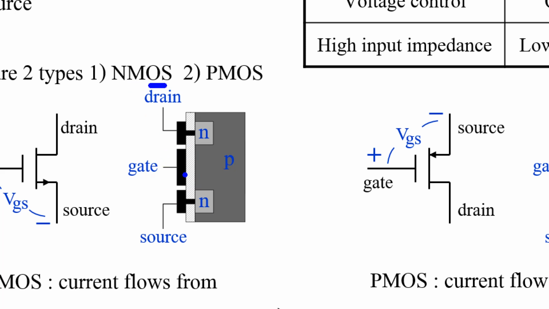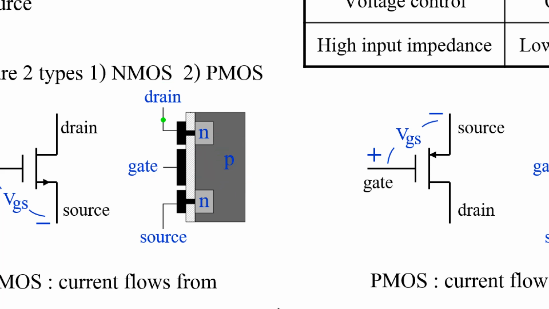O is oxide. Oxide in this area is an insulator. The current cannot flow through this oxide layer. And S is semiconductor. For example, this one is P type material.